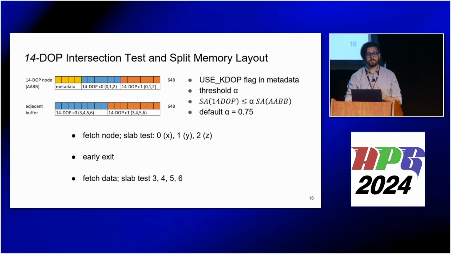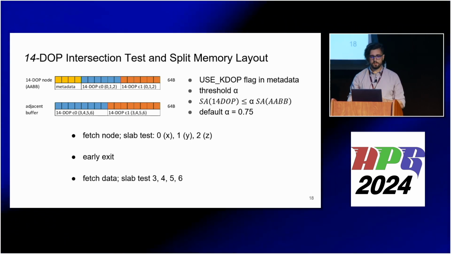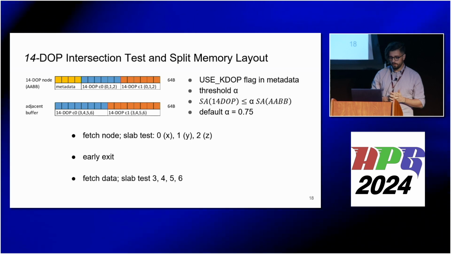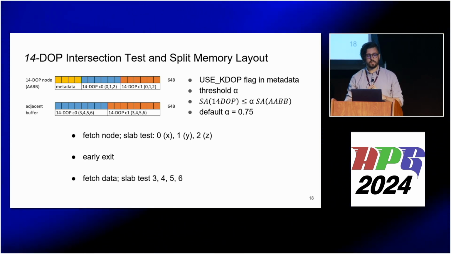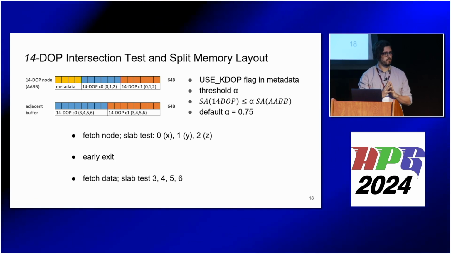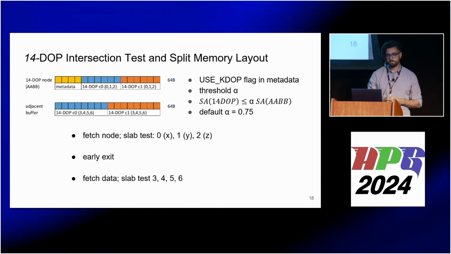So to combat this a bit, we introduced something we call a use-k-DOP flag that is pre-computed during the construction and stored in the metadata. It is evaluated based on the threshold alpha. Threshold alpha is the minimal necessary surface area reduction introduced by the k-DOP to take the k-DOP into consideration.